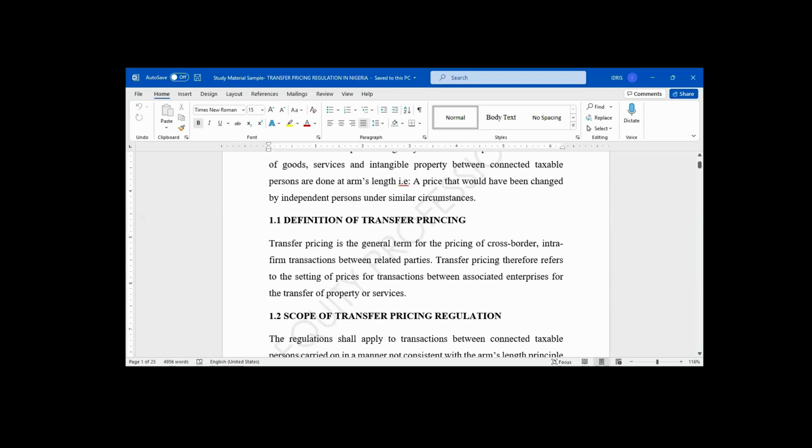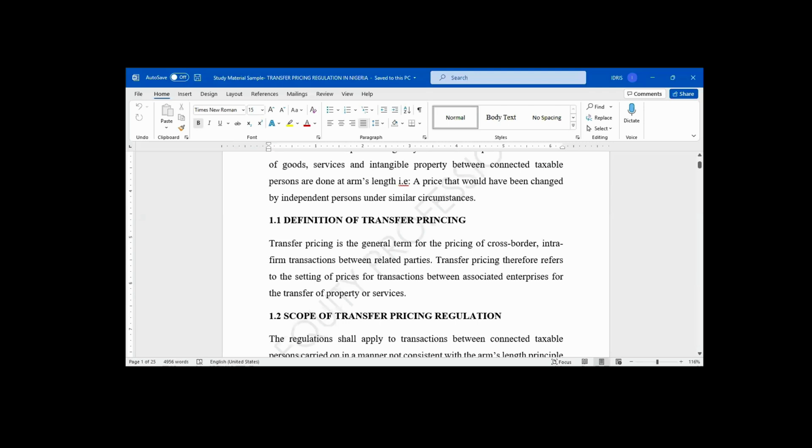That is transfer pricing. Some people say it is the price at which goods and services are carried out in a cross-border transaction. Cross-border transaction means when the buyer is in Nigeria and the seller is outside Nigeria and they are related, that is transfer pricing.